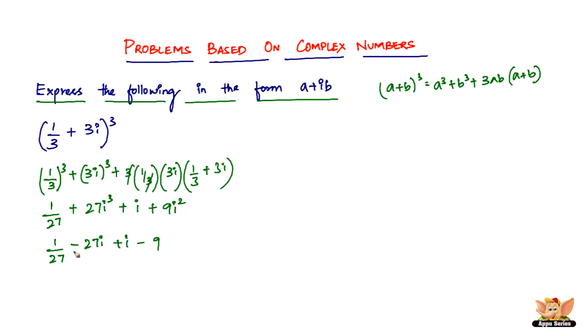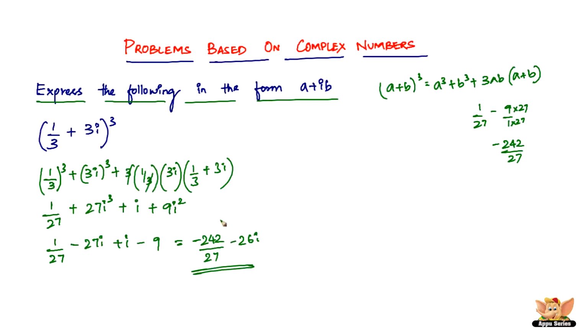Taking the LCM, 9 times 27, after solving this, it is minus 242 divided by 27. Then minus 27i plus i is minus 26i.